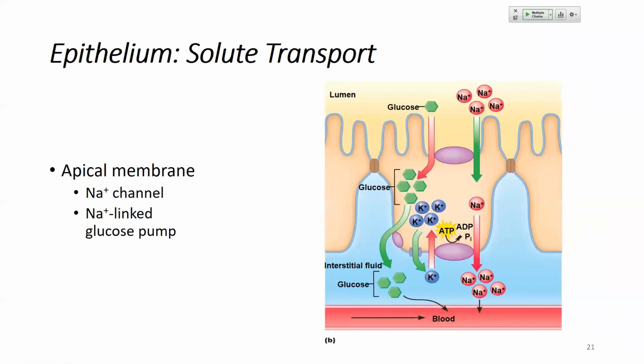On the apical surface, there are sodium channels, leak sodium channels. There are sodium-linked glucose pumps as well. So the sodium leak channels are basically moving sodium into the cell freely, passively, according to the gradient, whereas the sodium-linked glucose pump is using the energy that was harnessed from the movement of sodium to power glucose moving against its concentration gradient.